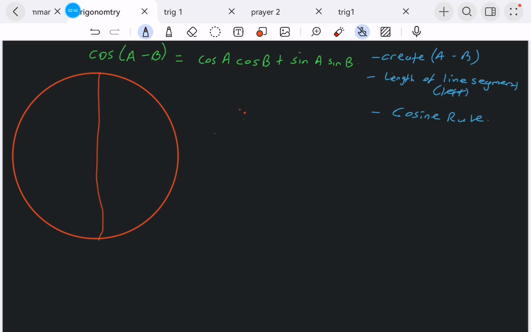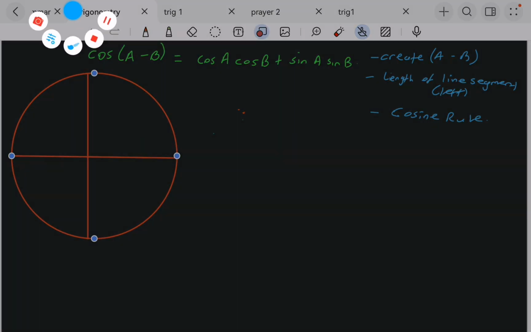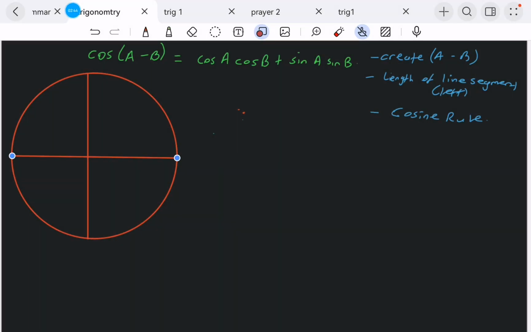And so this is our circle, and of course, like I said, we are going to have a certain triangle. Let's do it like this, and then something like this.